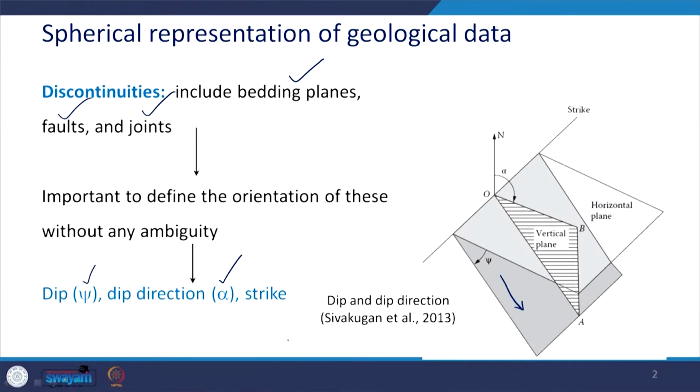Now, let us consider a vertical plane through this line OA, that is this one which is hatched, which intersects the horizontal plane along this line OB.